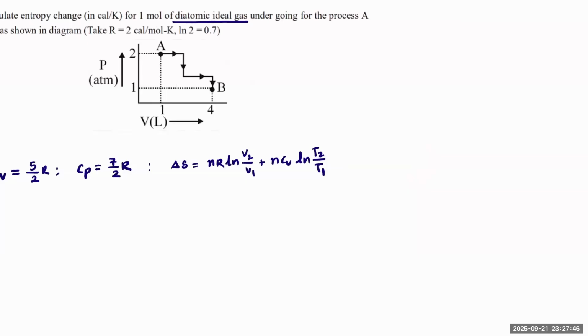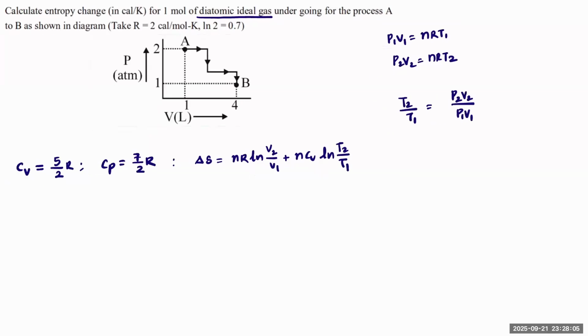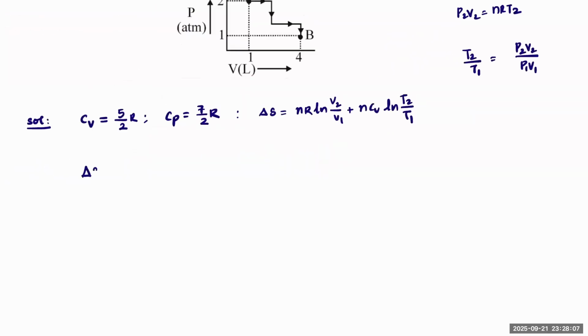Let me do that as well. So because P1 V1 is equal to nRT1 and P2 V2 is equal to nRT2, so I could write that T2 by T1 is equal to P2 V2 by P1 V1. Okay, so let me put that here.